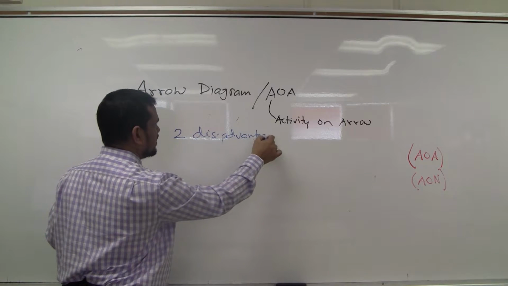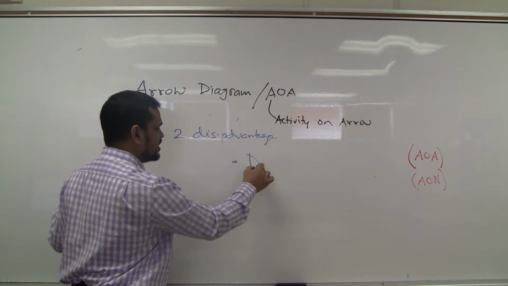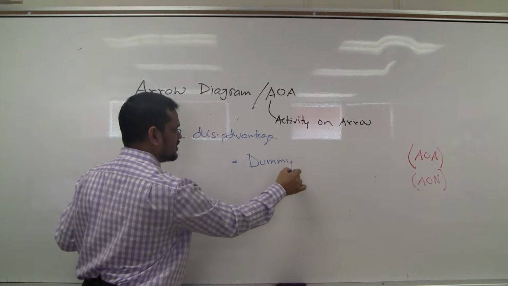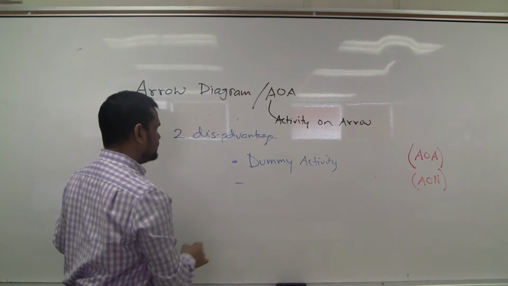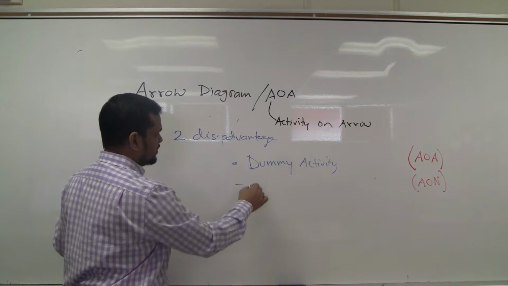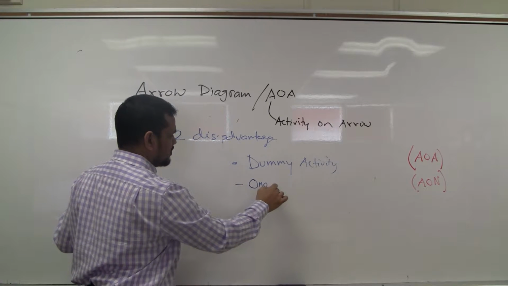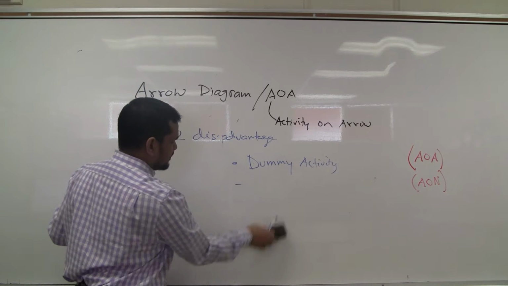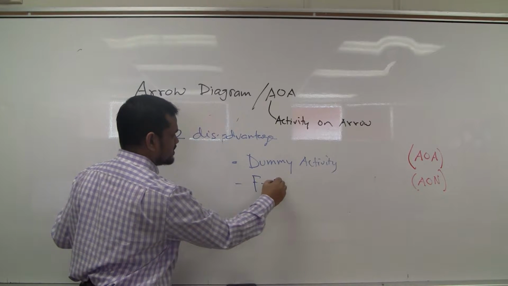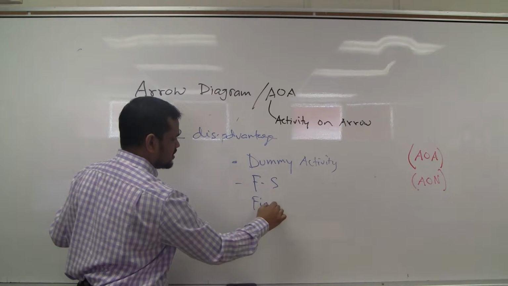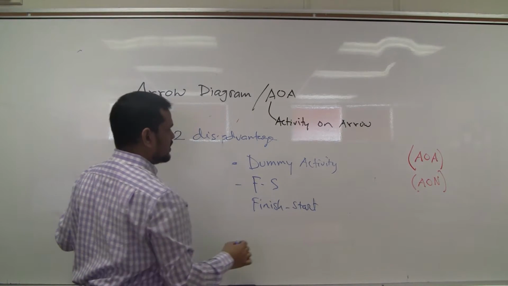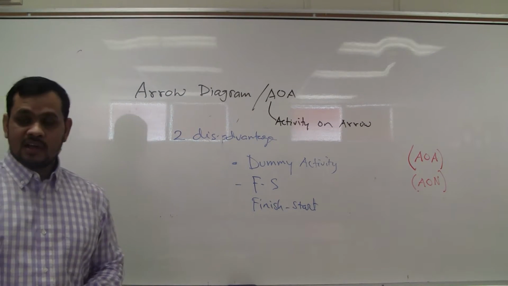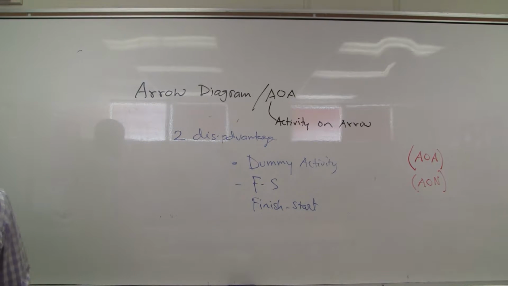Disadvantages. One is it requires dummy activity. Number one, dummy activity. Number two, I will write this way, FS, finish, start. So number one, dummy activity. Sometimes we have no activity, but we need to include some dummy.